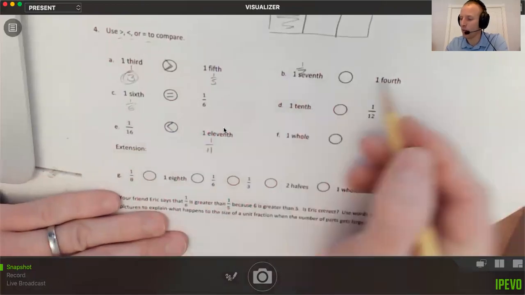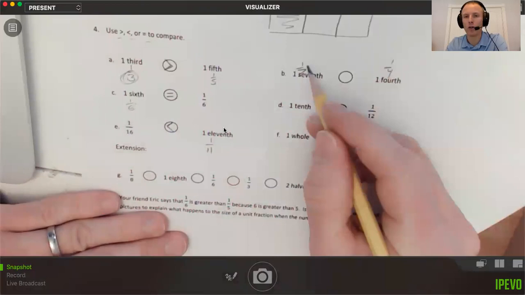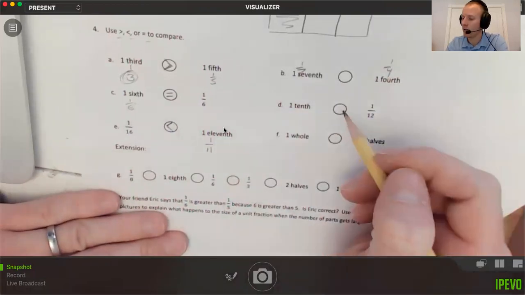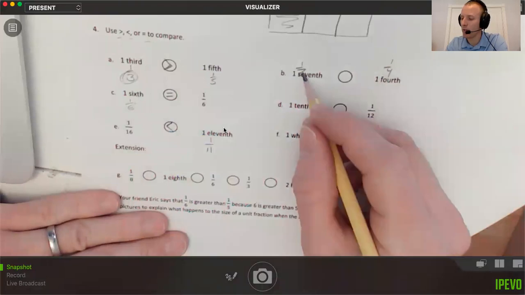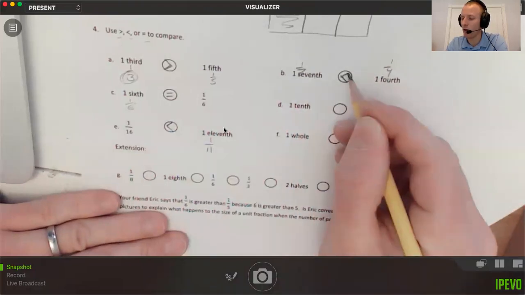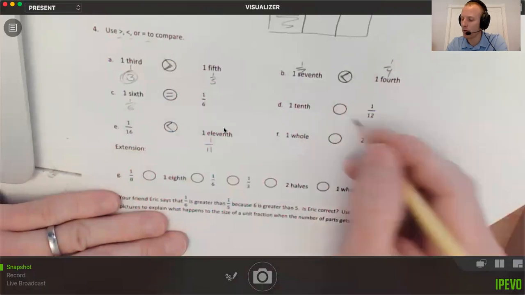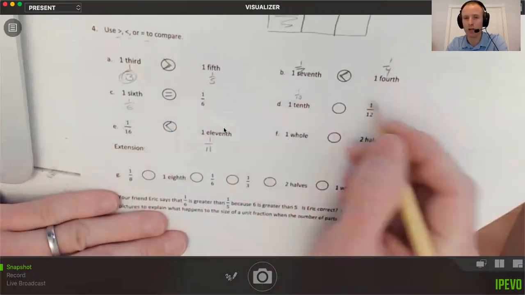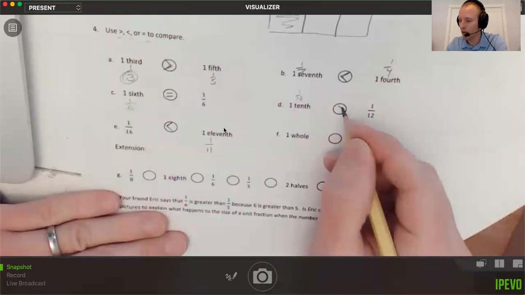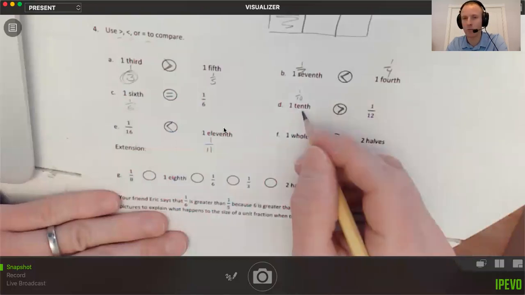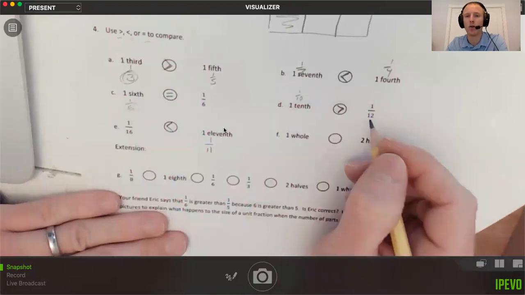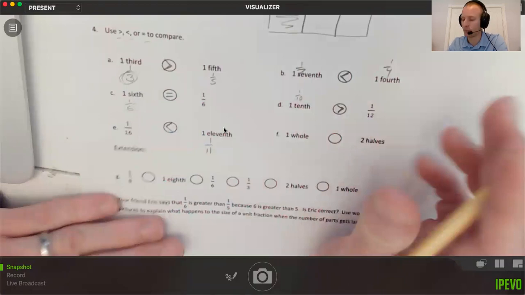1/7 and 1/4. They both have 1 in the numerator, so I can compare them just by looking at the denominators. I have 7 being split up more times than 4ths, so 1/7 is smaller than 1/4. Same thing here, numerators are equal, they're both 1. 1/10 is greater than 1/12 because a whole being split up 10 times means each piece is bigger than if that whole were split up into 12 pieces.